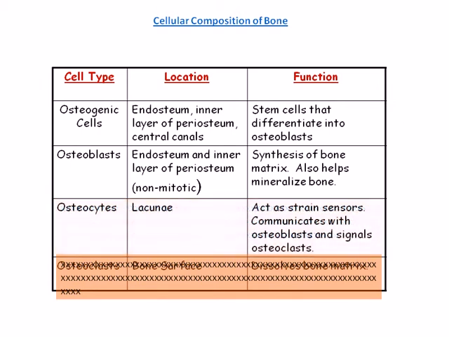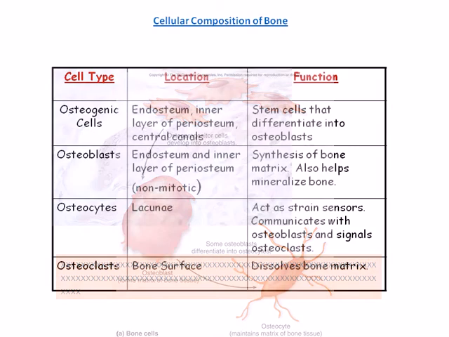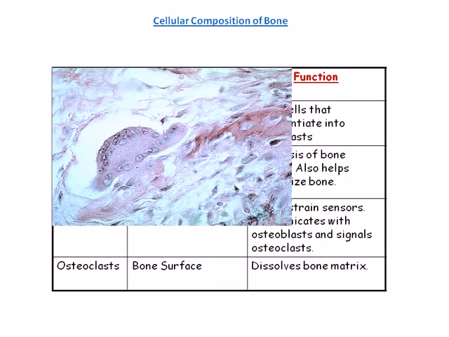Some osteoblasts mature into osteocytes and serve as strain sensors and exert chemical influence over osteoblasts and osteoclasts. Osteoclasts are large, multinucleated cells responsible for the degradation of bone tissue to facilitate bone remodeling, blood calcium levels, acid-base balance, and other important physiological processes.